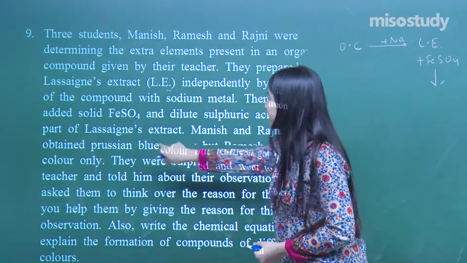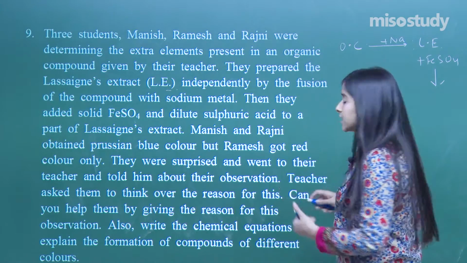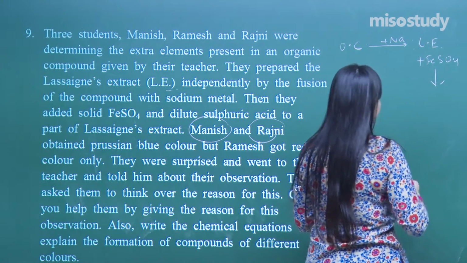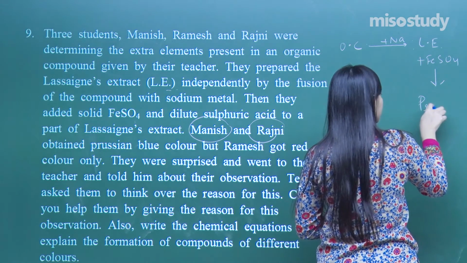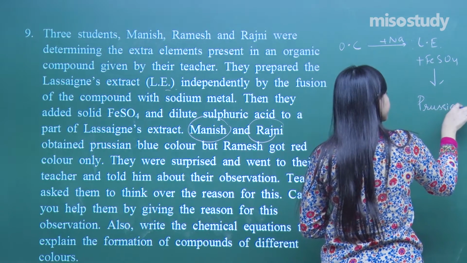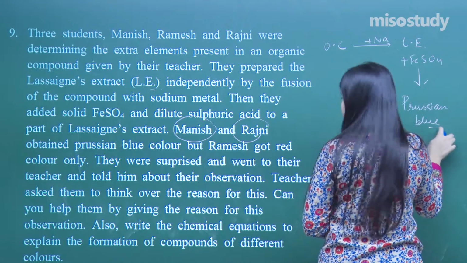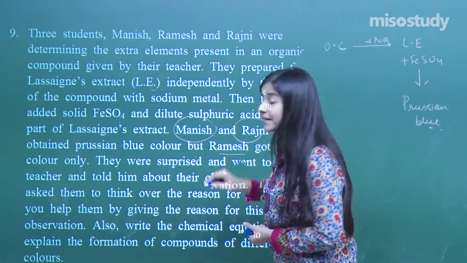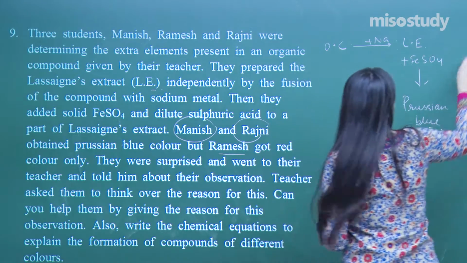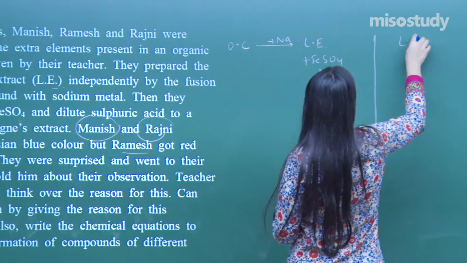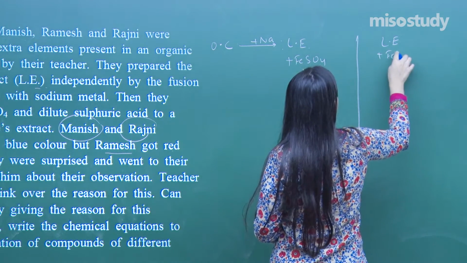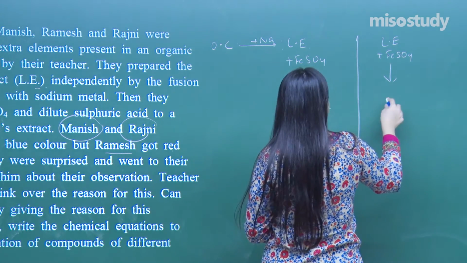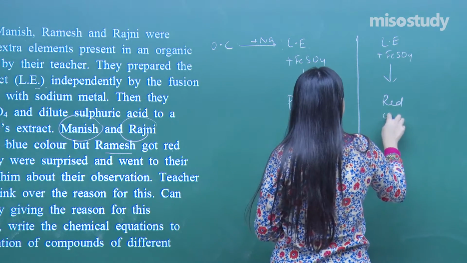Manish and Rajni obtained Prussian blue, right? A group of Manish and Rajni obtained the Prussian blue color. But Ramesh got red color only. So Ramesh also performed the same reaction, Lassaigne's extract plus FeSO4, and obtained red color.